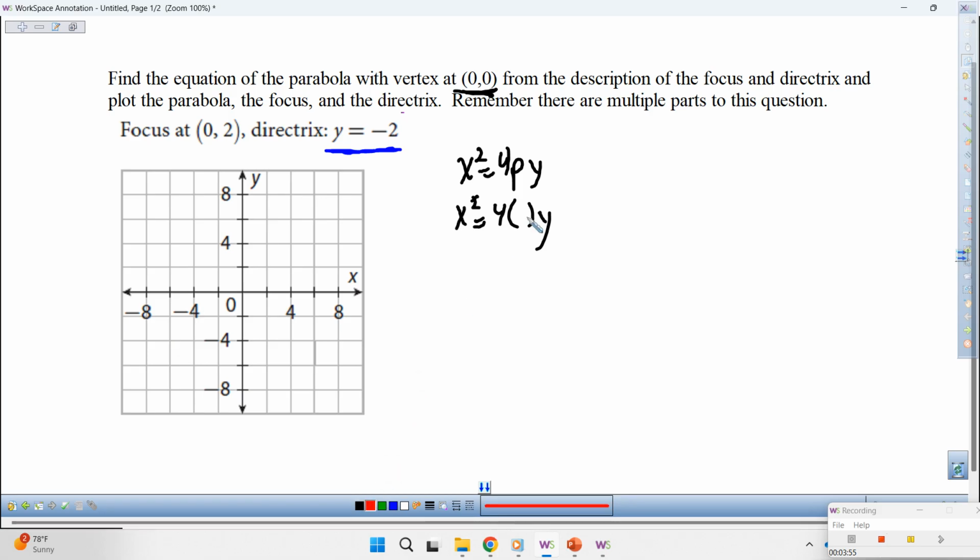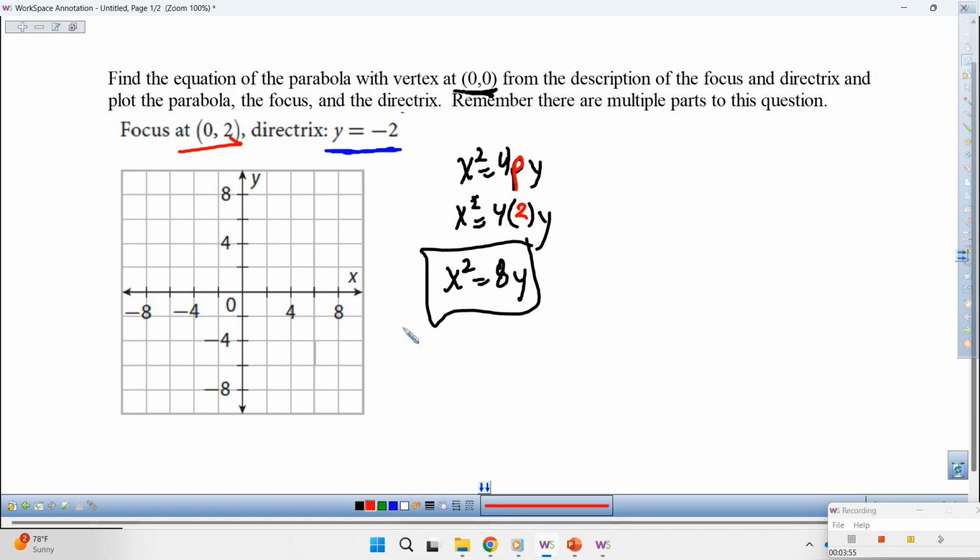And remind your neighbor, what do we write here for p? Very good. The 2 from the focus. So my new equation is x squared equals 8y. You box it, because that's what I need to see as an answer.